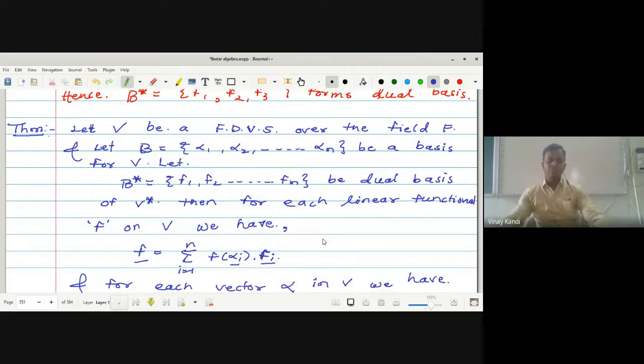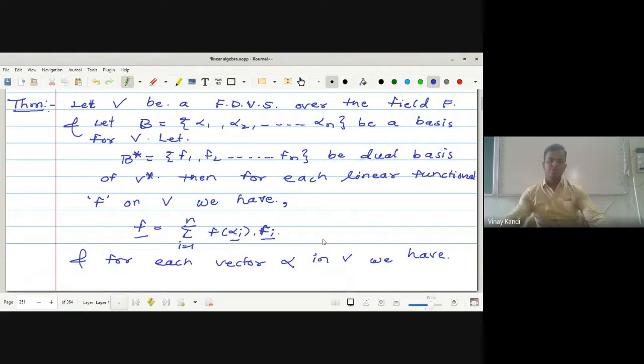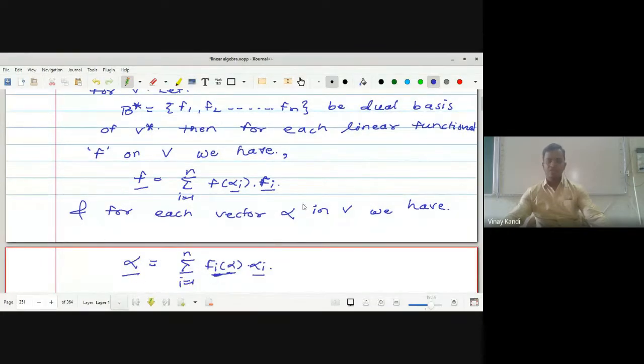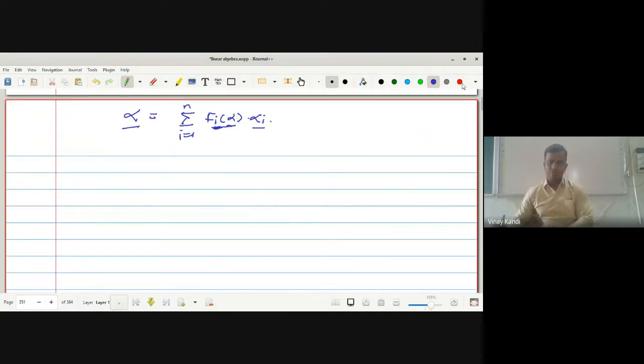Then we have to prove that for each linear functional on V, f is equal to summation i running from 1 to n f of alpha i into fi, and for each vector alpha in capital V, alpha is equal to summation i running from 1 to n fi of alpha into alpha i. दिसायला दिसतं अवघड पण खूप सोपं आहे. पहा प्रूफ.